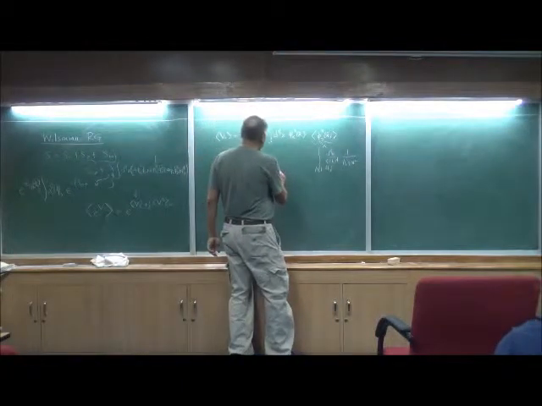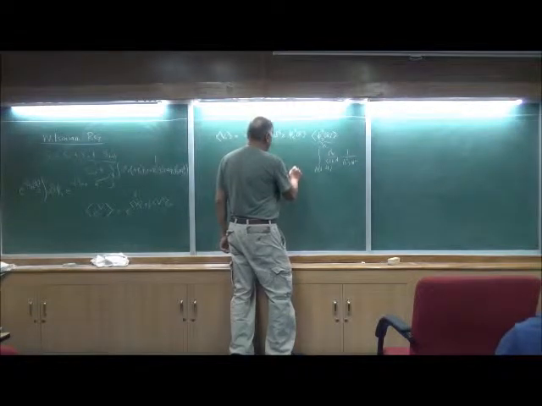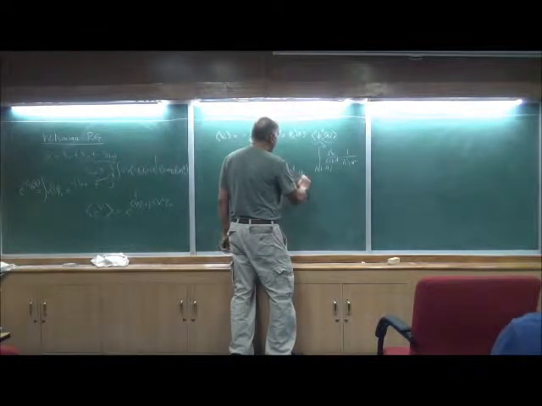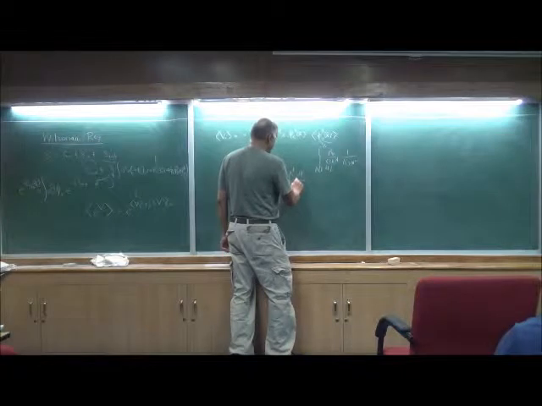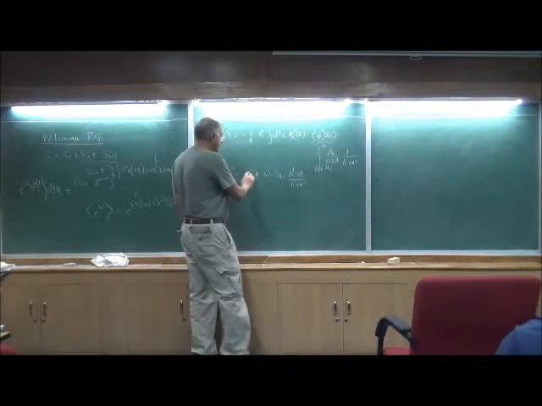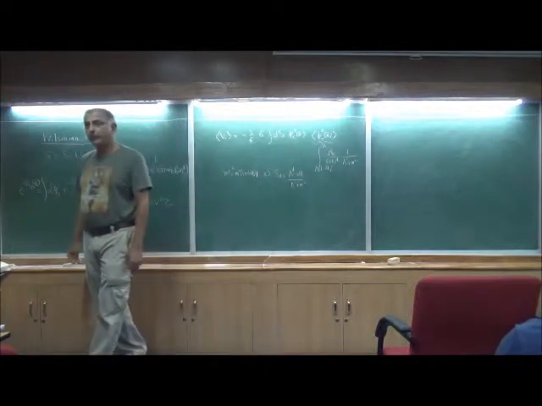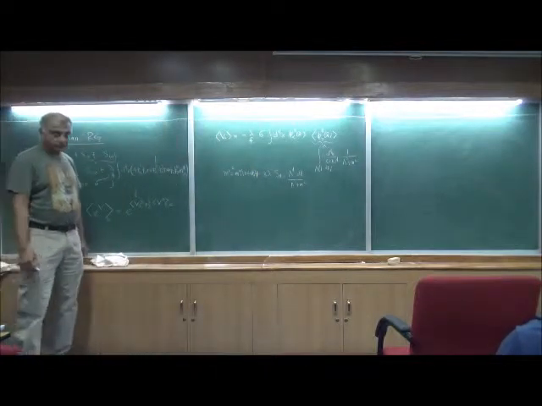And then there was this S_{d-1} lambda^d dl divided by lambda squared plus m squared. And of course, there was something that came from tree level, and that said it's m squared times 1 plus 2 dl. Okay, so this was our flow equation.